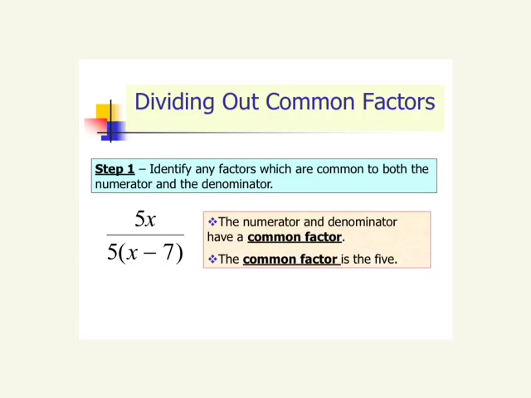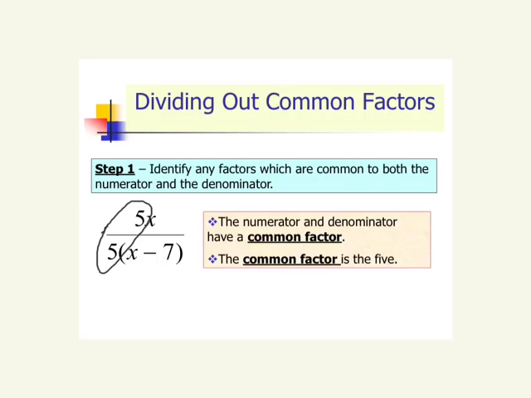So, in this first example, we don't have to do any factoring. All we have to do is divide out common factors. So we first want to identify the common factor. And in this case, the 5's are common factors because the numerator is 5 times x, and the denominator is 5 times the quantity x minus 7.